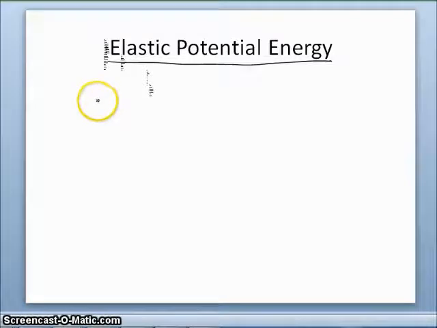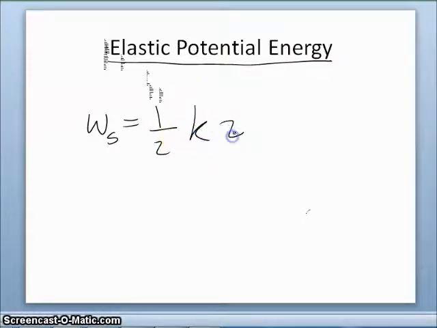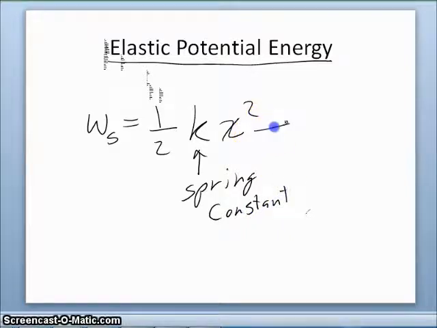So we say that the work that you were doing on the spring is equal to 1/2 kx squared, where k is our spring constant, once again. x is our displacement of the spring.